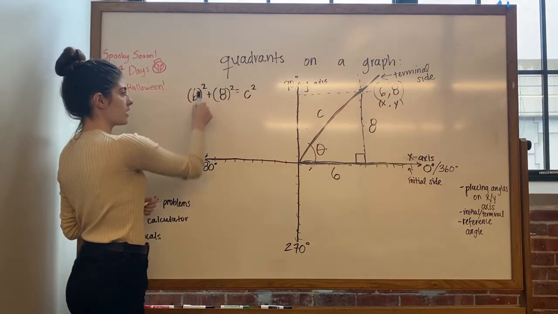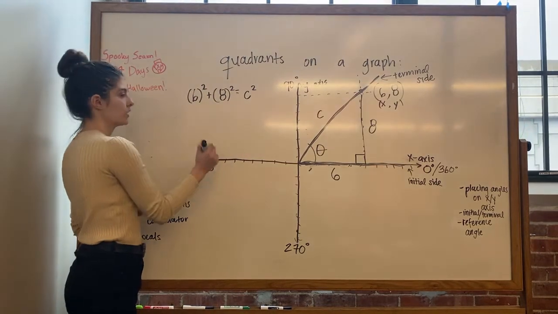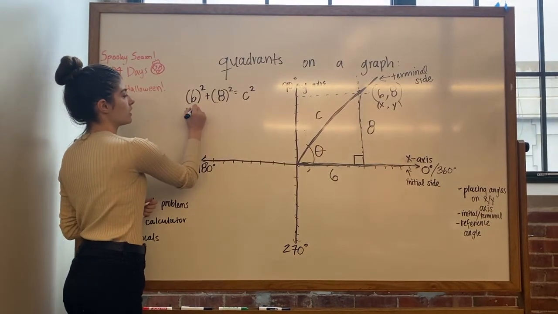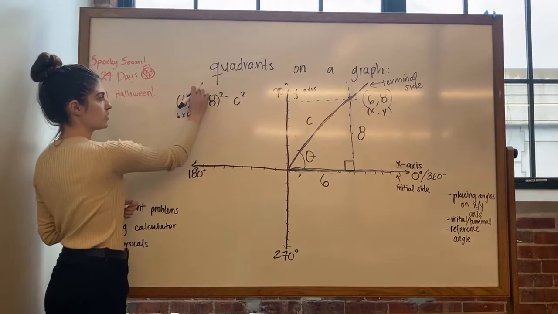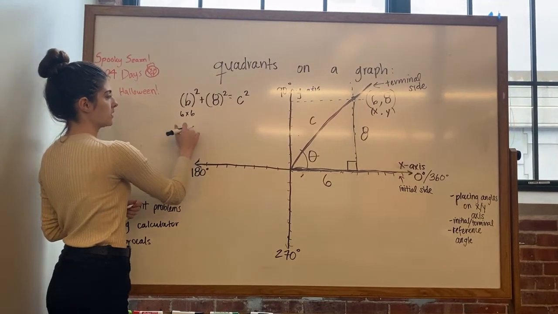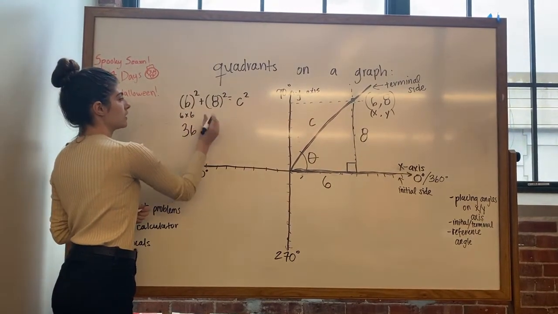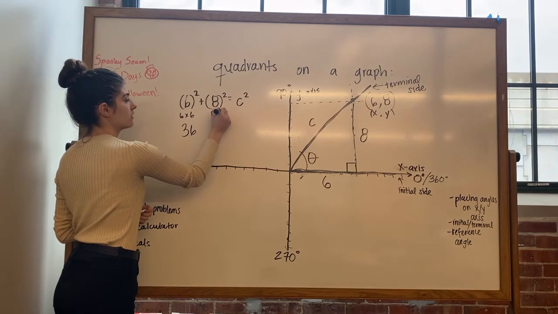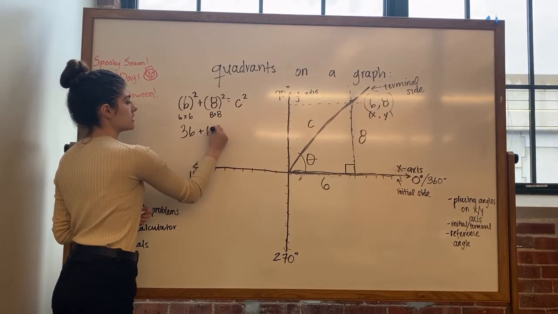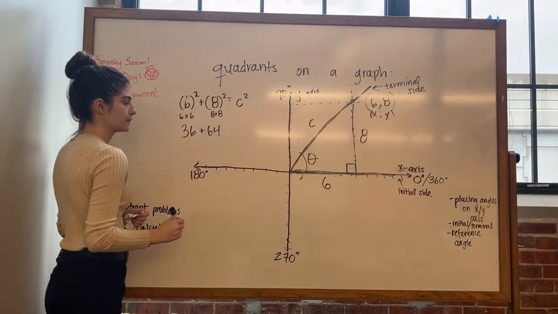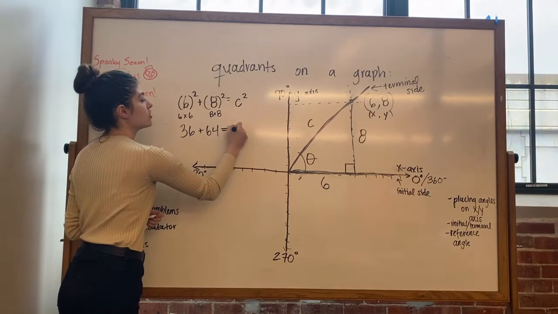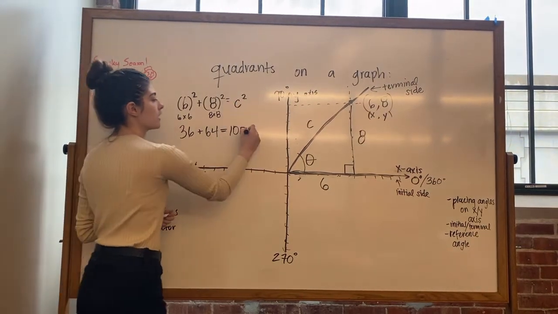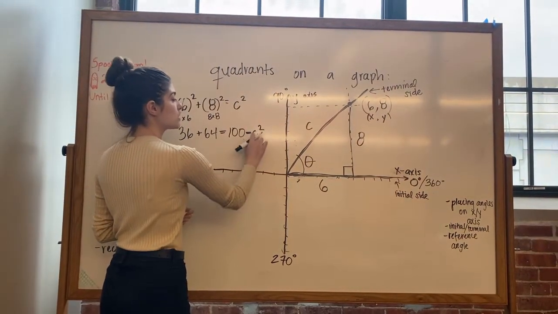Well, 6 squared is just 6 times 6, right? Because squares work like this, you got 1, 2, that's where the 2 comes from. 6 times 6 is 36. And 8 times 8 is 64. Okay, you add those together, you get 100, and that is equal to c squared.